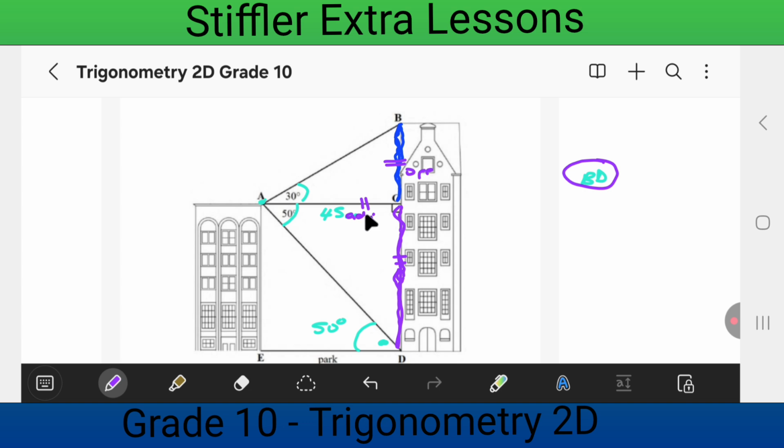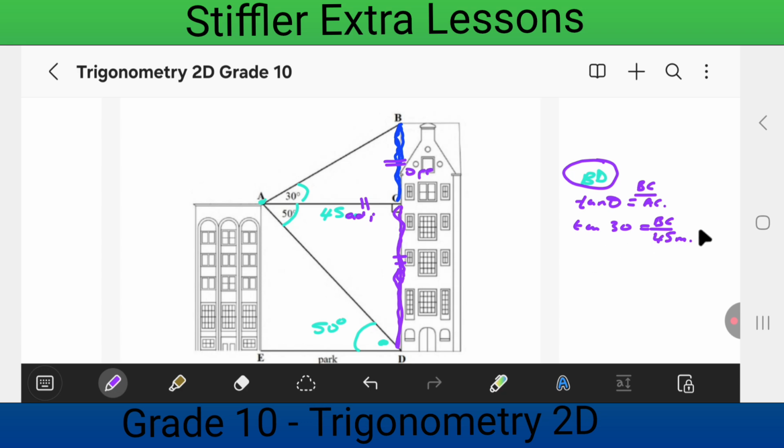We can use tan of theta, opposite over adjacent. So tan of 30 degrees equals BC over AC, which is 45 meters.